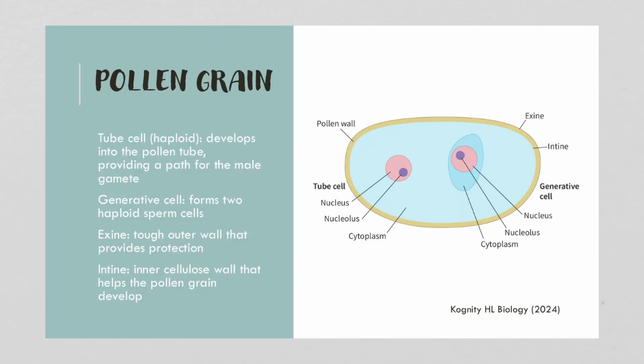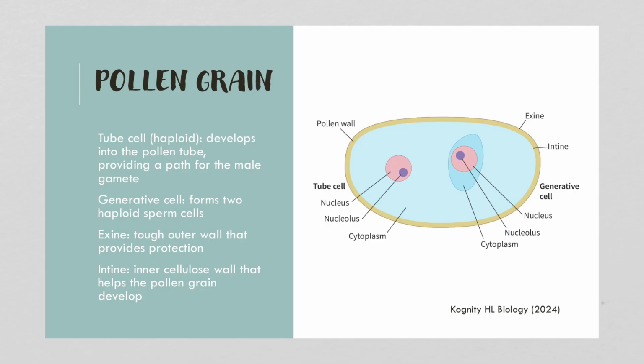So pollen grains. The tube cell, which is found in this whole structure, is haploid. It develops into the pollen tube, which provides a path for the male gamete.